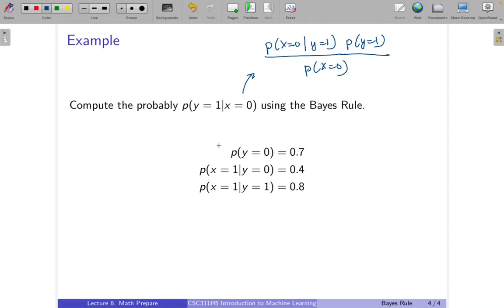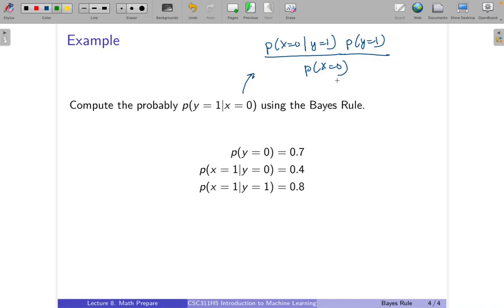I think I did it right. So I flip my conditional probabilities, and my numerator is the same as this one, and my denominator should be x equal to 0. All right, so that's good so far, but here's the problem.